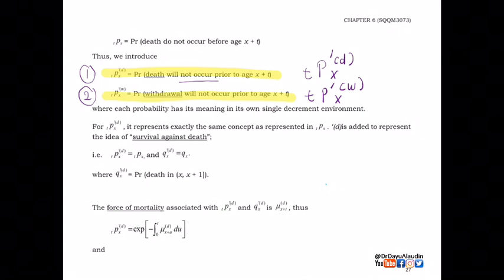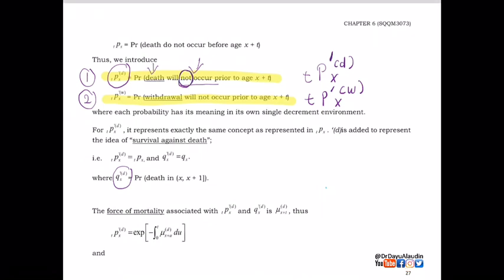Since our event of interest or our random event is about death, the tqx is for death. So the opposite of the tqx is the tpx. So we do not use the term survive anymore, but we use the opposite of the term death. So death does not occur prior to age x plus t. It is just the same thing, but we want to make it more clear.